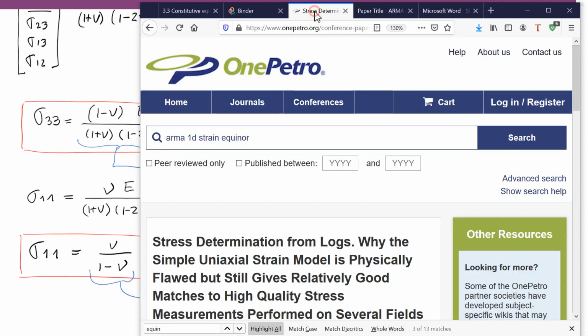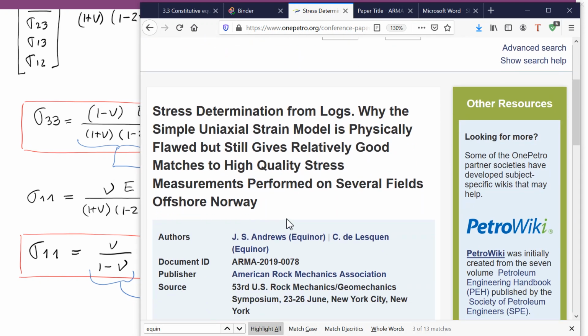And this kind of model has been pretty useful in many cases to predict horizontal stress. Here is a paper that tells you what I just said, using this uniaxial-strain model to predict horizontal stress in many places offshore in the North Sea.